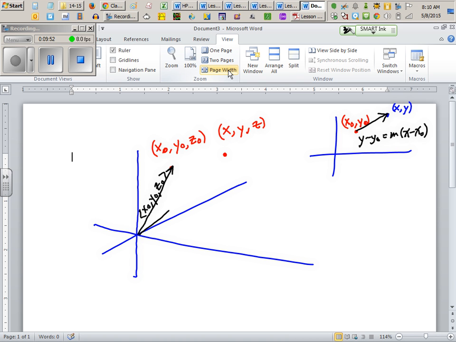This vector is the vector <x, y, z>. When the tail is at the origin, the name of the vector is the same as the coordinates. So we call that a position vector. These are vectors with the brackets. Make sure you write those. These are points with their parentheses. But since the tail is at the origin, the name of the vector and the point that's at the head are the same.